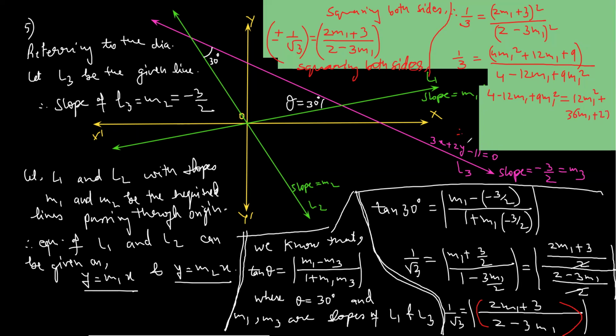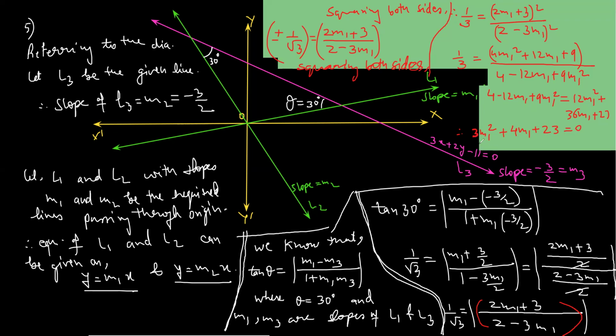Therefore you will have 3m1 square plus 48m1 (36 plus 12 is 48) plus 23 equal to 0.